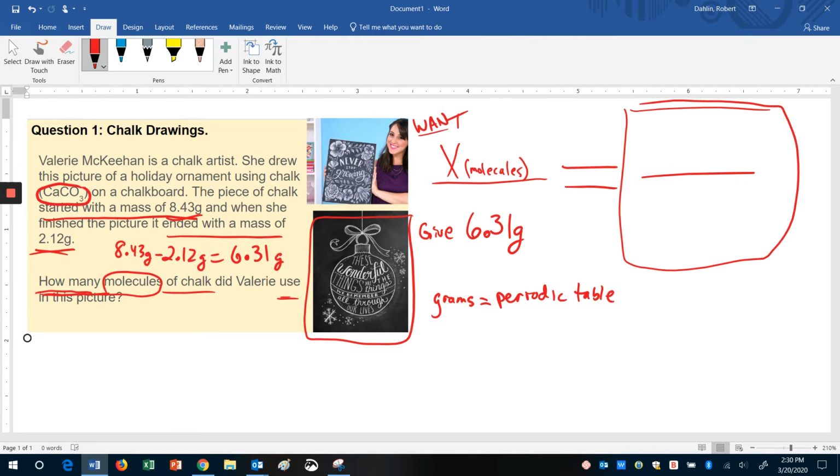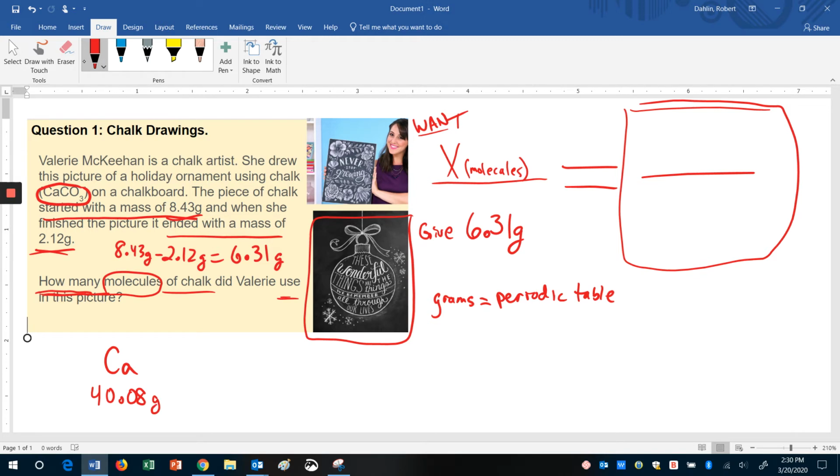So now all I do is I say, okay, I need to know how much does a CaCO3 weigh. I look up Ca on the periodic table, number 20, and it says it weighs 40.08 grams per mole.